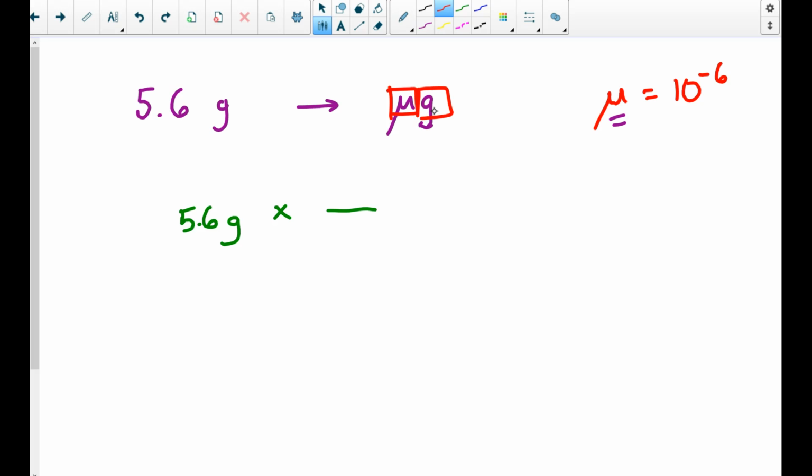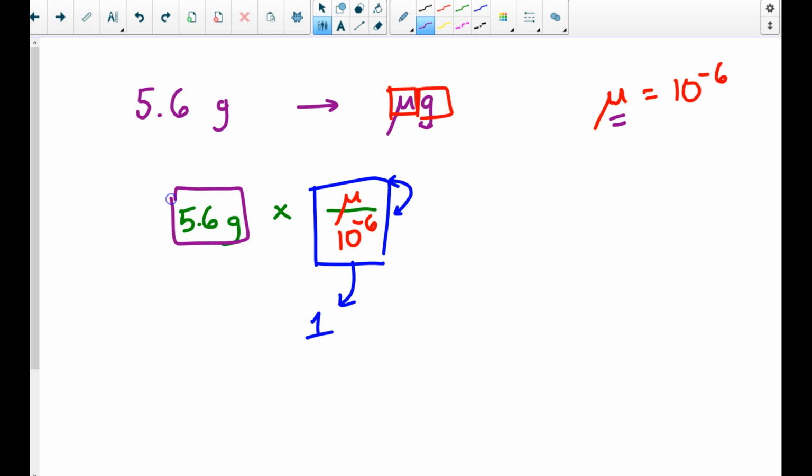Micro has to be in the numerator. So let's add it. And then the corresponding power of 10 always goes on the other side of the fraction. That's how we guarantee that the numerator and denominator are equal. When we multiply by this fraction, we are multiplying by 1, so we preserve this original quantity.